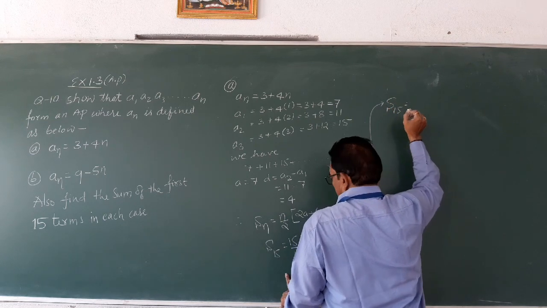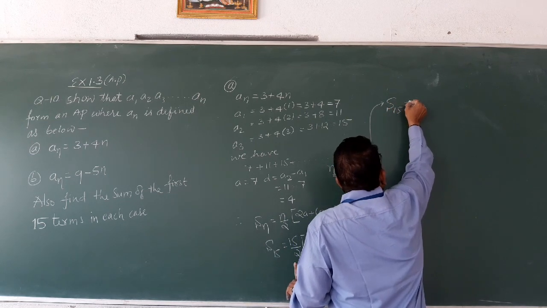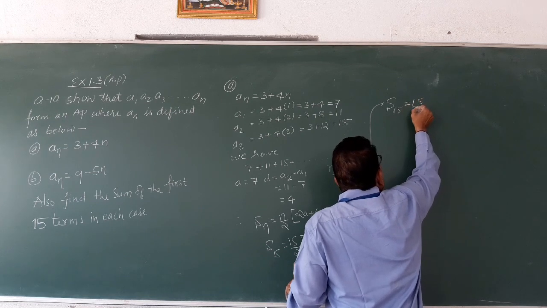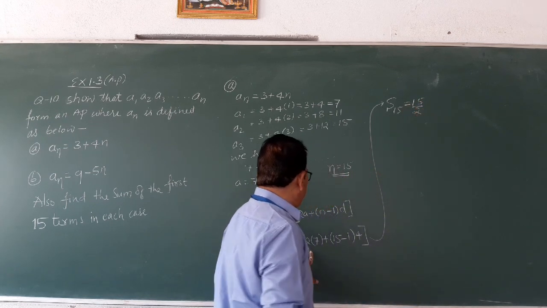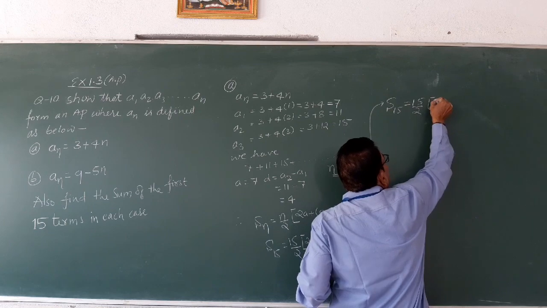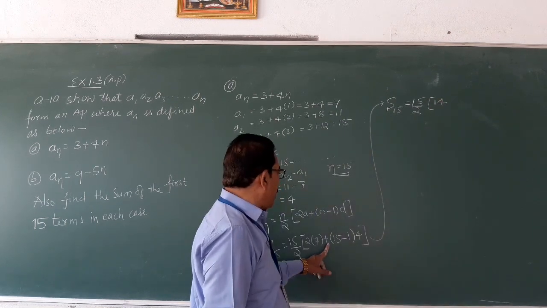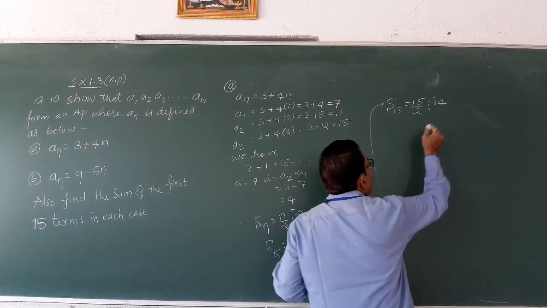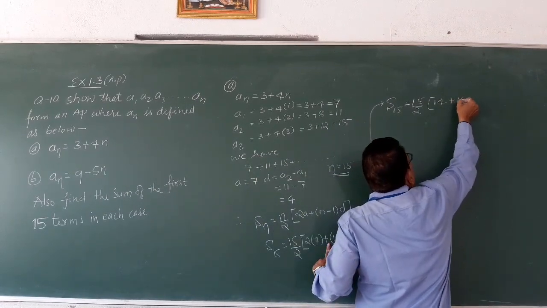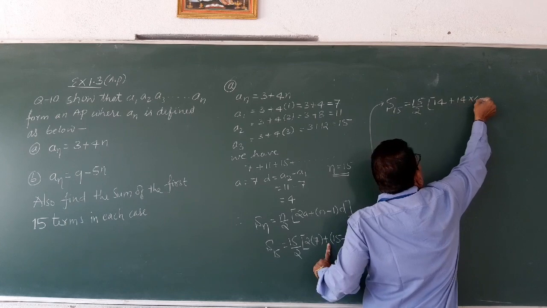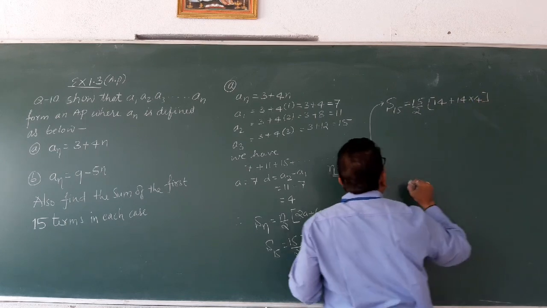Next, S15 equals 15 by 2, then 7 twos are 14, plus 15 minus 1, that is 14 into 4.